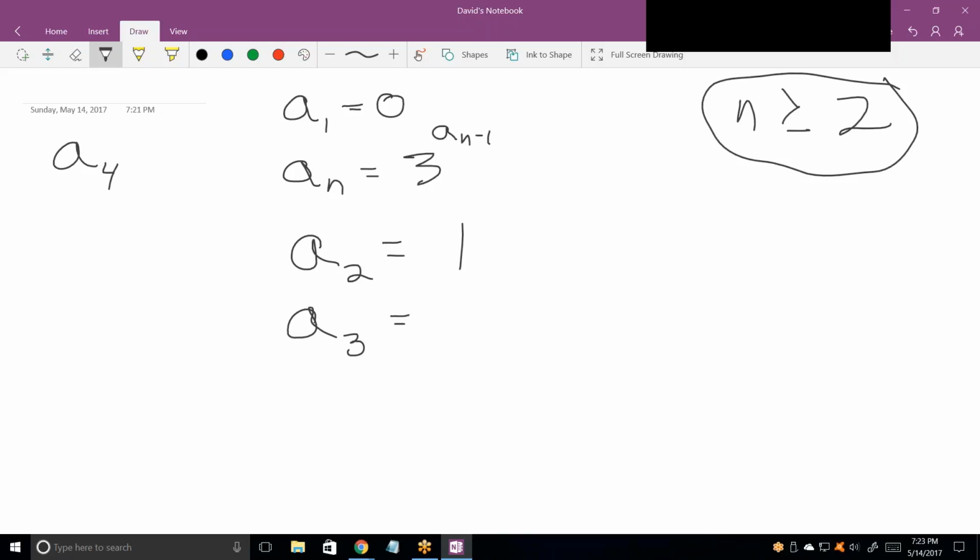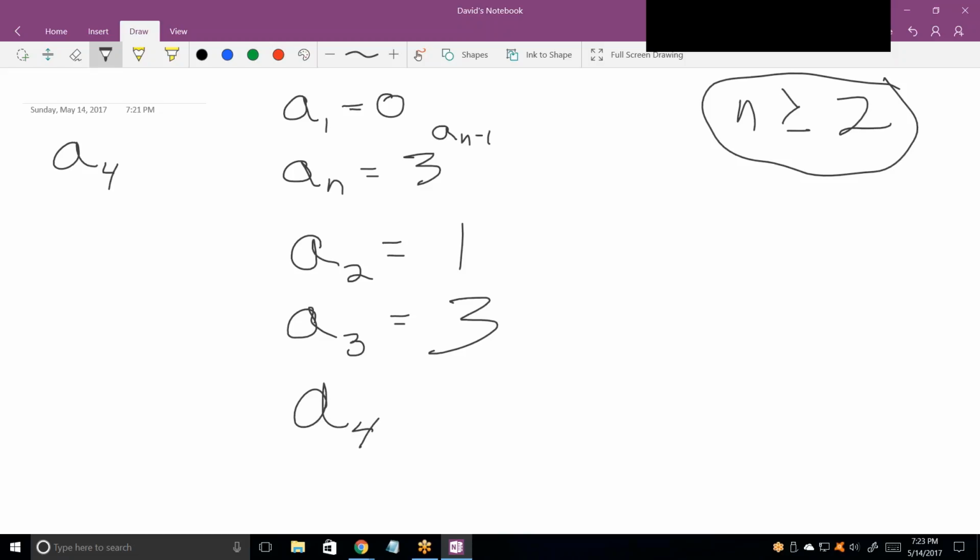Isn't it 3, because you just put 3 to the first power? Yeah, hold on a second. I'm confused myself. Let's see. A sub 3 is 3 to the a sub 2. A sub 2 is 1. Okay.